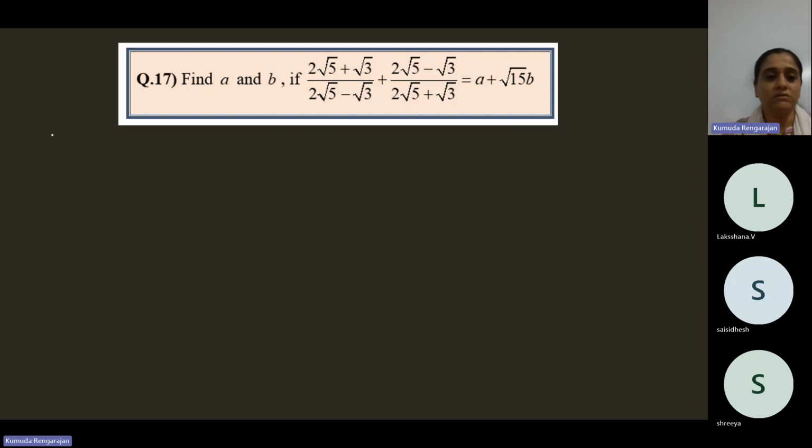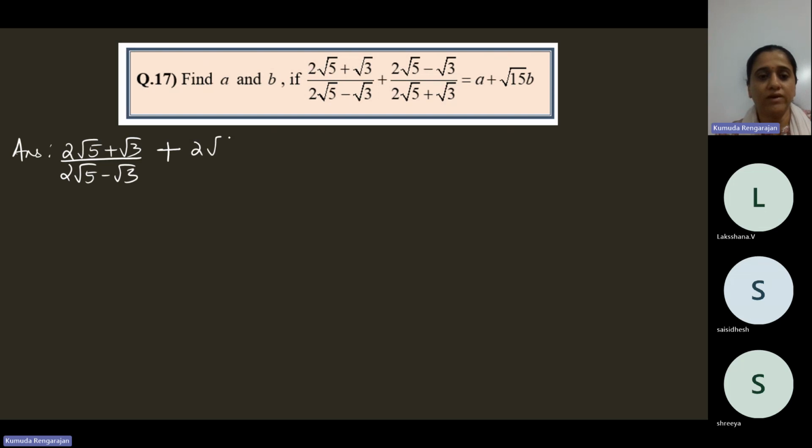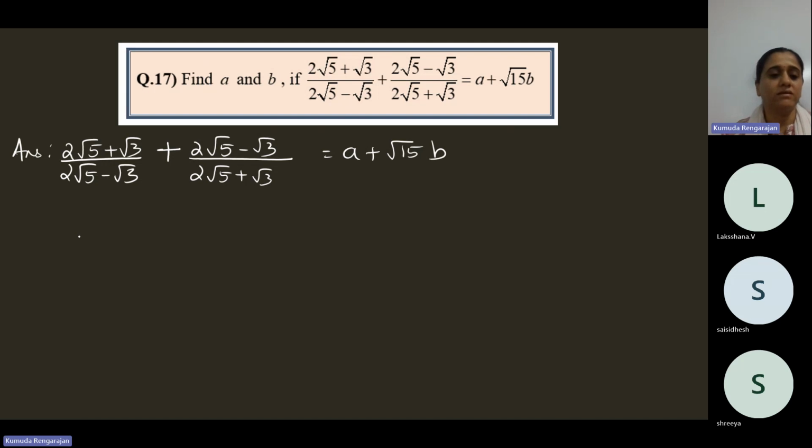So tell me, Netra, what's the common denominator? Let me write the given question. 2 root 5 plus root 3 by 2 root 5 minus root 3, plus 2 root 5 minus root 3 by 2 root 5 plus root 3, is equal to a plus root 15 b.